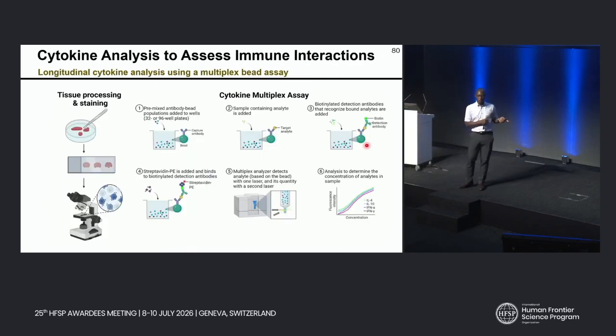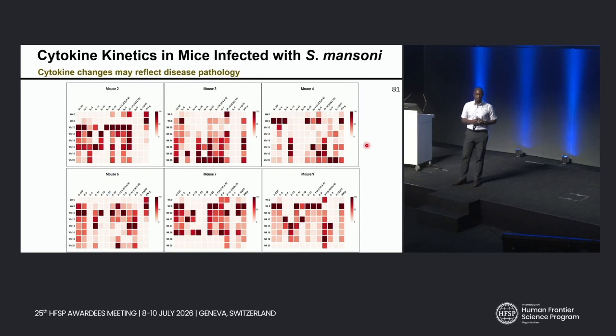They're using the multiplex bead assay. Our smart PhD student, Martin, has been able to quantify some of the cytokines that are involved in this infection process. You will see that we have different mice tracked over a long period of time, and we're looking at how those cytokines are changing during the infection phase from week 1 all the way to week 14, and we can continue all the way to week 20.